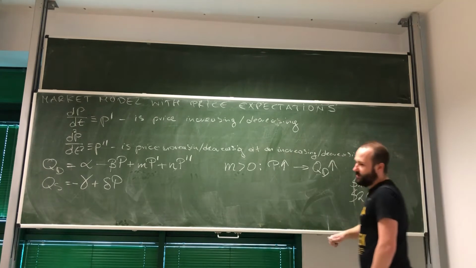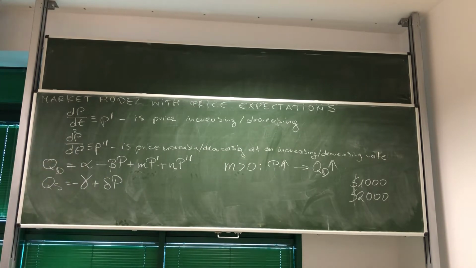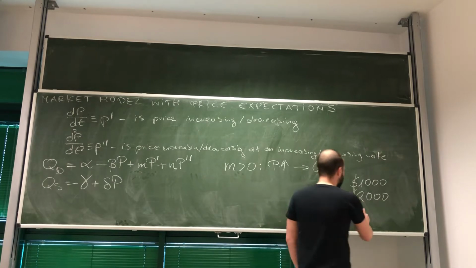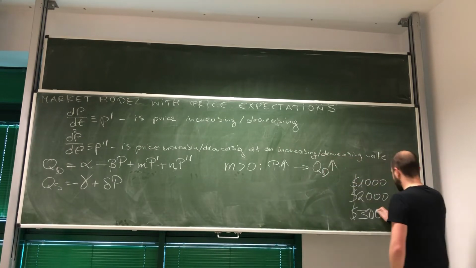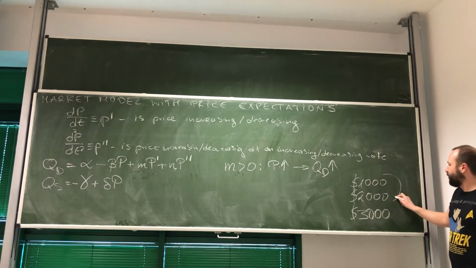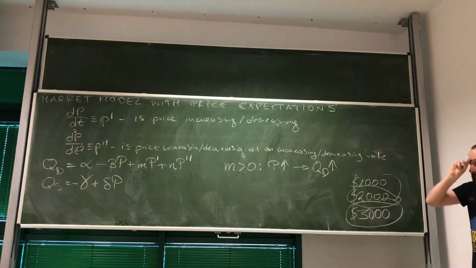Might there be a reason why you would like to buy this gold now? Well, of course, if you expect that the price of gold is going to be $3,000 one day from now, you can buy the gold for $2,000 and sell it for $3,000, right?